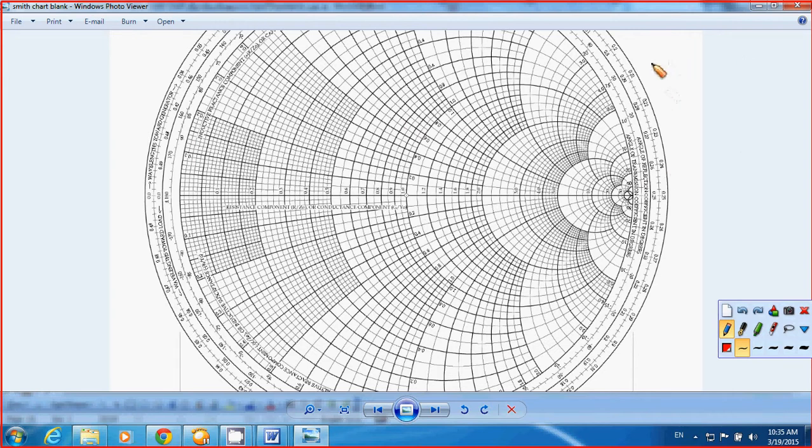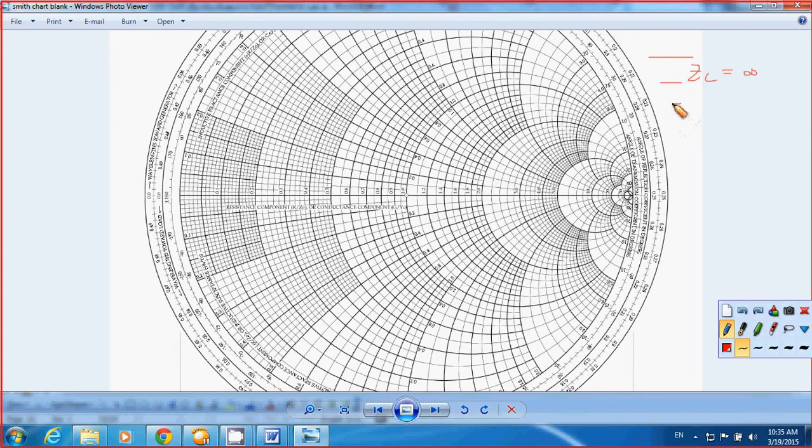Now just for a simple case, if I have the open line or open circuit transmission line, that means I have ZL equal to what? Infinity, correct?